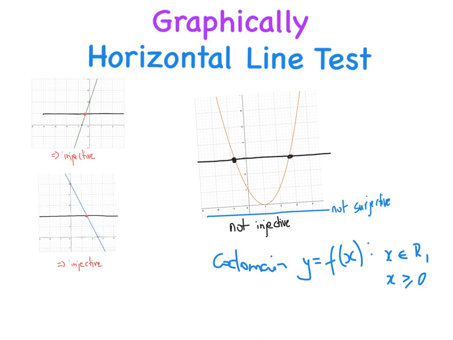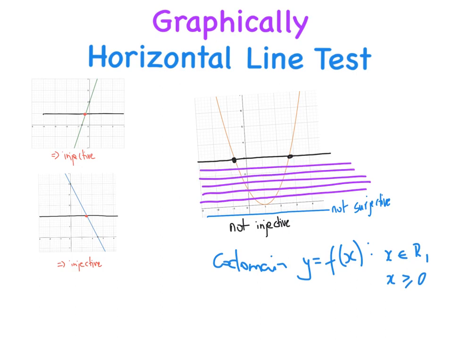Well then, when I am drawing my line across here, it hits it no matter where I go at least 1 point, so then it would be surjective.